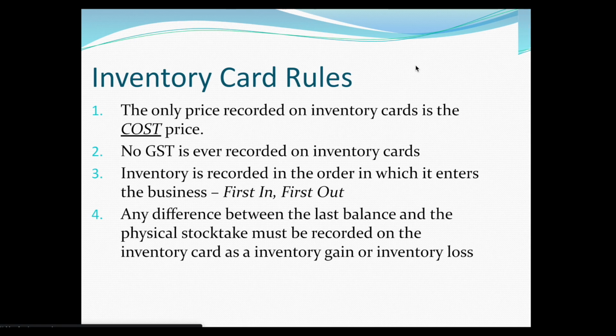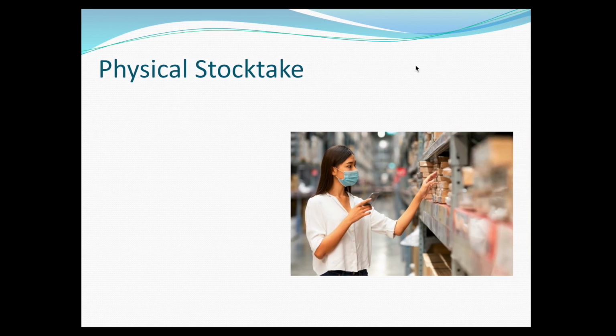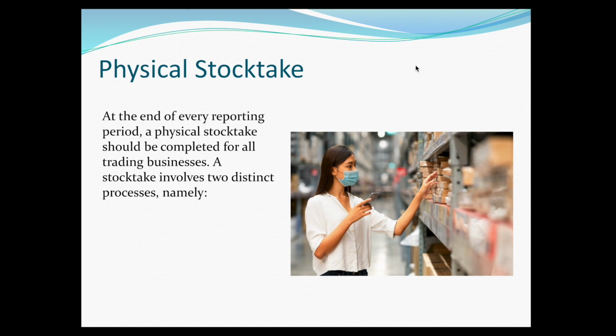So what's a physical stock take? Like we discussed, it's where an employee of the business goes around the store and takes a physical check of the pieces of inventory that are there to confirm whether there's inventory loss or inventory gain. At the end of every reporting period, a physical stock take should be completed for all trading businesses. A stock take involves two distinct processes.